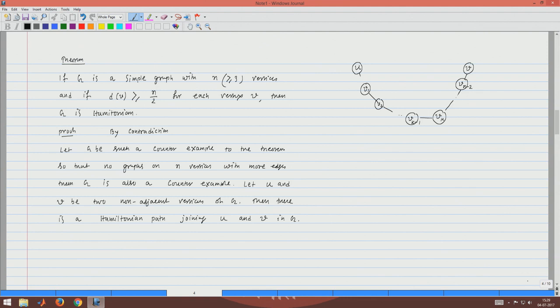So n minus 2 vertices are here and then u and v. So, this is a spanning path joining u and v.